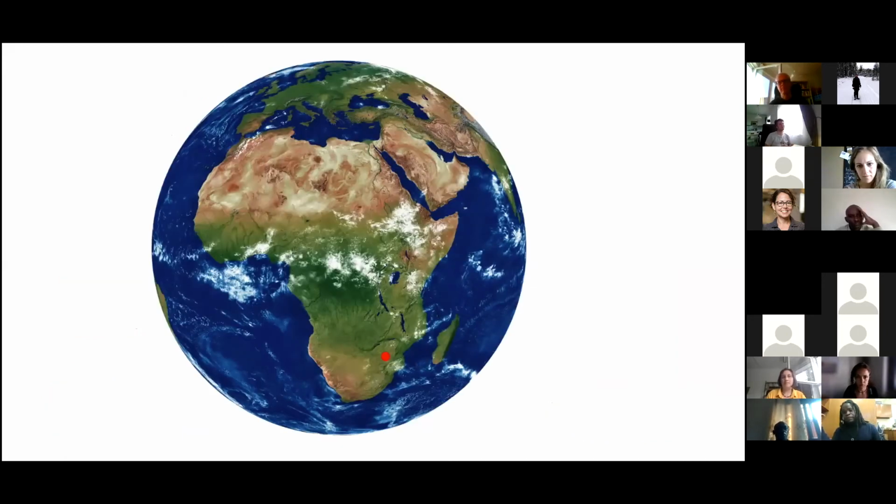Why is this important? When you look at Africa, you notice a little bit of green, mostly in the middle, but most of Africa has a lot of brown patches. The question is what determines these patterns in landscapes.